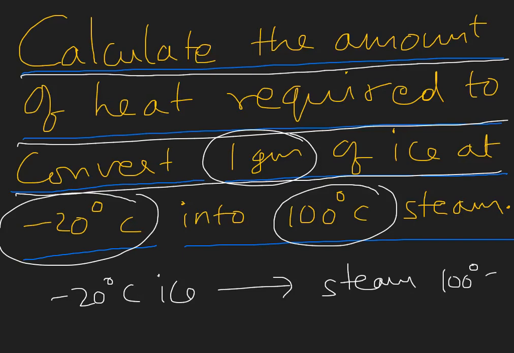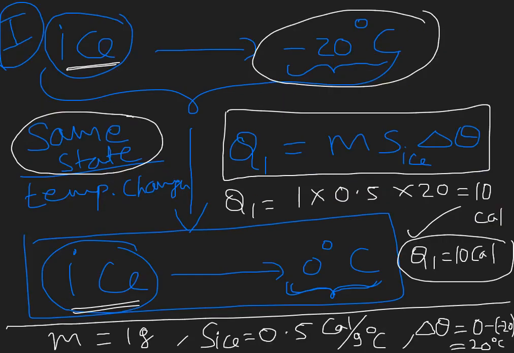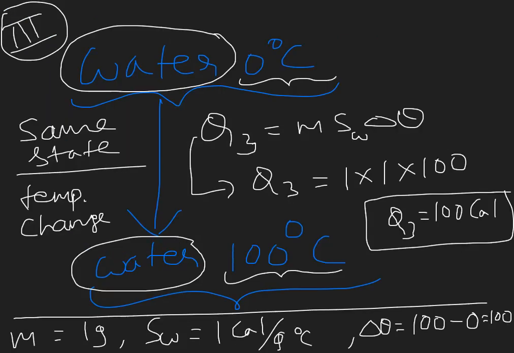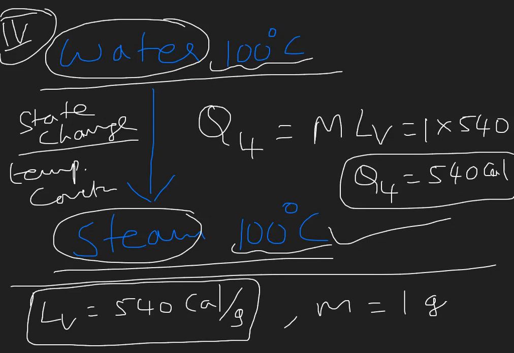This is our target. The problem is we can't convert directly, so we use steps. First step, ice at minus 20 to ice at 0. Second step, ice at 0 to water at 0. Third step, water at 0 to water at 100. Fourth step, water at 100 to steam at 100.